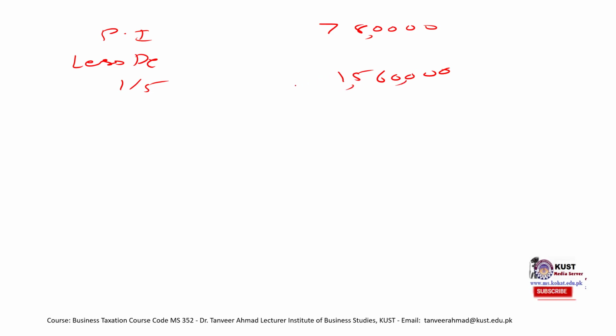Okay, in the second case, his property income is again 78,00,000, but we would less the deductions. In case of repair, remember one-fifth of the amount is allowed as deduction, that would be 15,60,000 rupees. This is the same rule that we have been doing for corporations, right? Then property tax that is paid was 10,80,000.